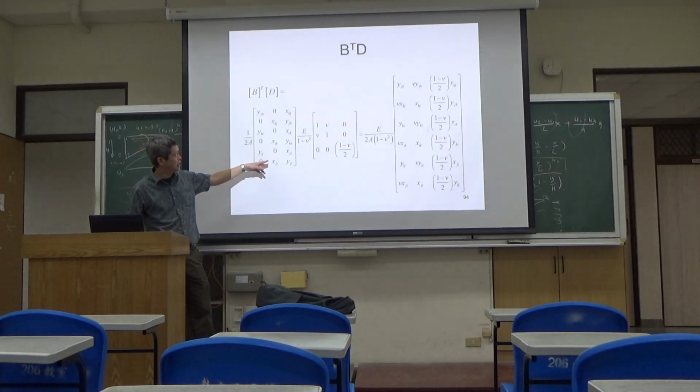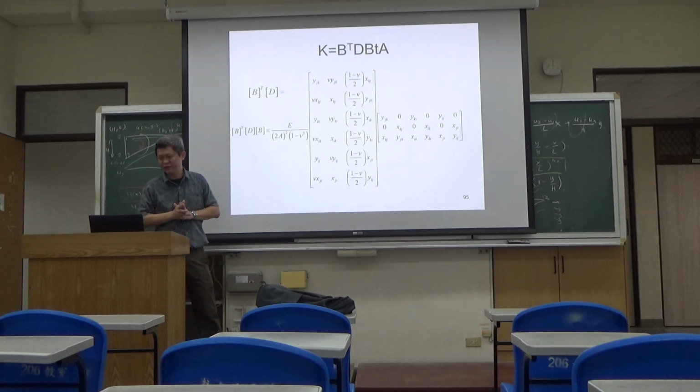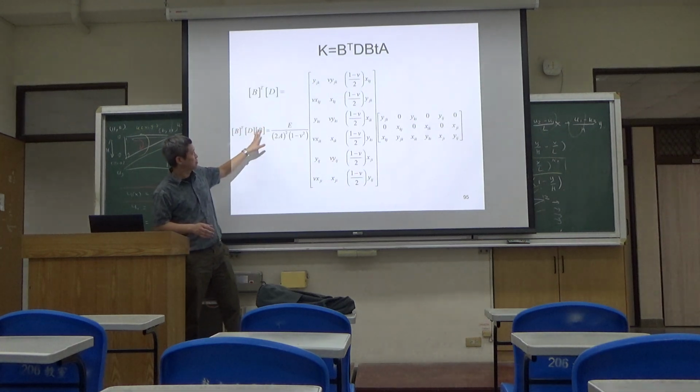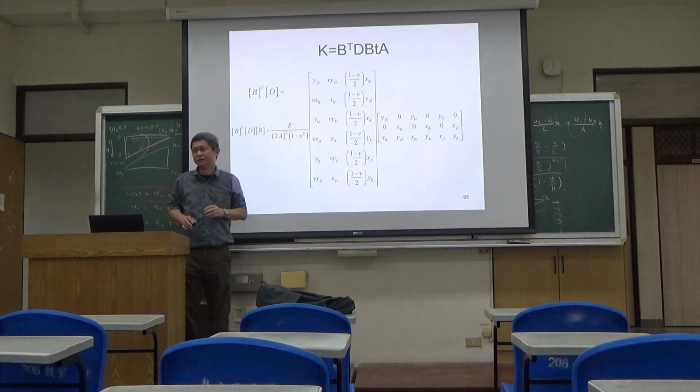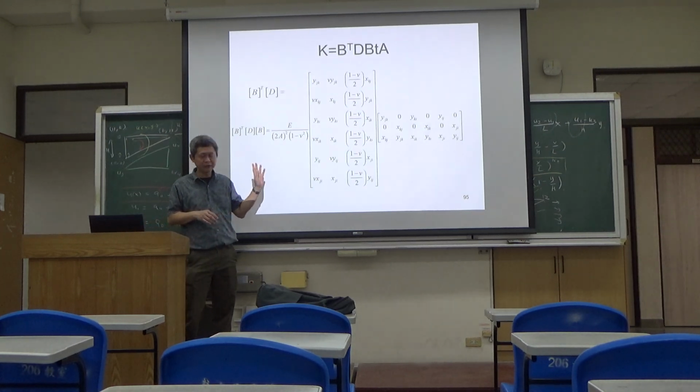Then next, you find the transpose of B matrix times D, and then times B, times T and A. This is how you find your stiffness matrix. The operation is very tedious, so in the final exam, in the computing room, you can use MATLAB, symbolic. This is the kind of operation.